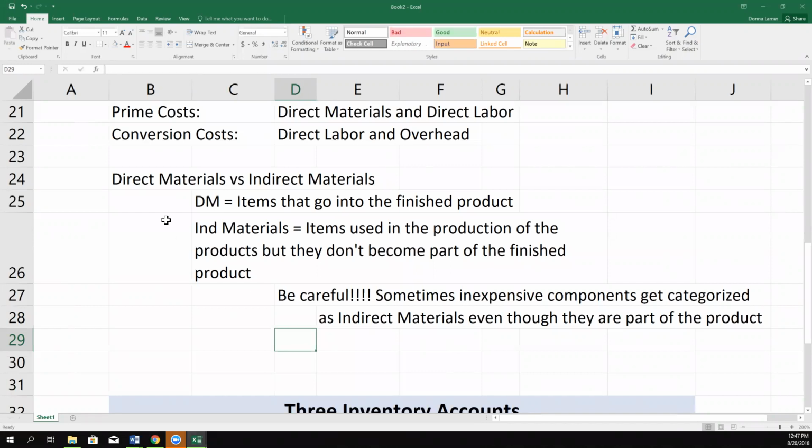So they get thrown in the indirect material, not because they technically aren't a direct material, but because they're such an immaterial amount that it's easier to put them in this category called indirect materials, which you'll see later what we do with. But just because of its small dollar amount, it sometimes gets thrown in indirect materials.